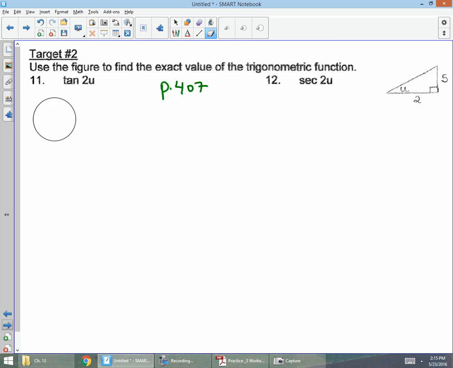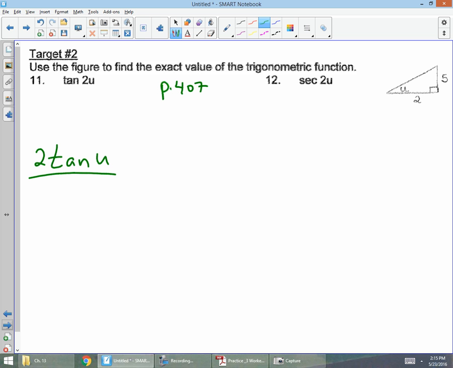Now, each of these items has formulas. In this case, the first one is 2 multiplied by the tangent of u, over 1 minus the tangent squared of u. And we'll actually build those on a different question, but those are the formulas from page 407. So really what we're going to do is 2 multiplied by something, over 1 minus something squared, and that something is going to come from our triangle up here.